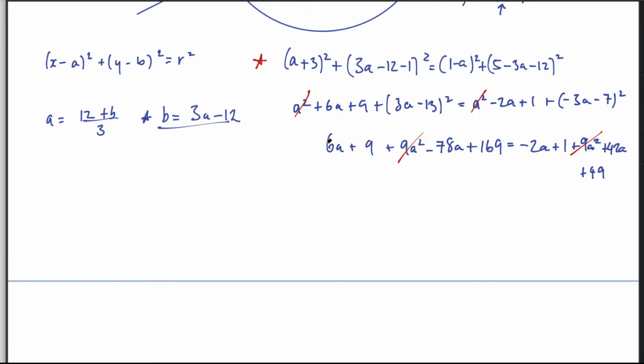Anyways, so 6, this is negative 72a plus 178, and then 40a plus 50.